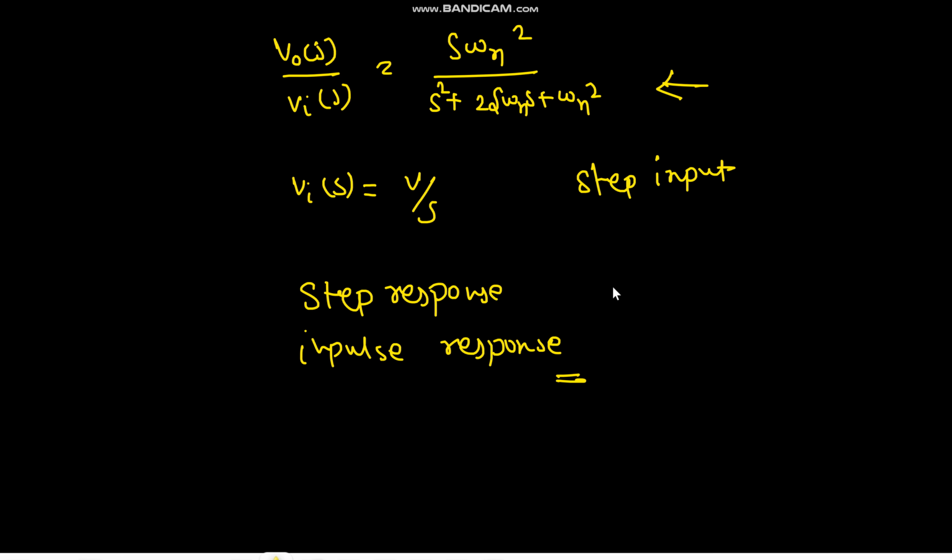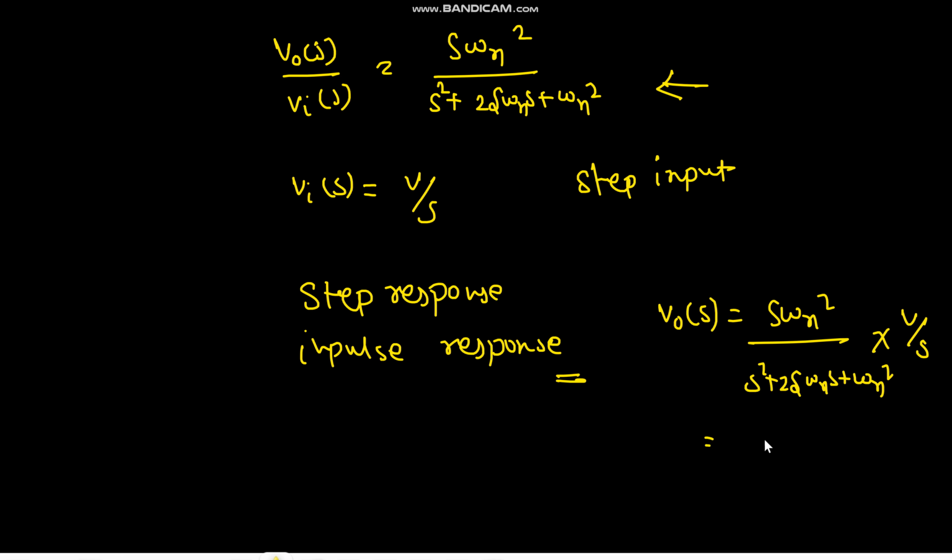Why? Because if you see, V naught S would be S omega n square upon S square plus 2 zeta omega n S plus omega n square, into this V in S, and V in S is V by S. So V naught S is V omega n square upon S square plus 2 zeta omega n S plus omega n square.